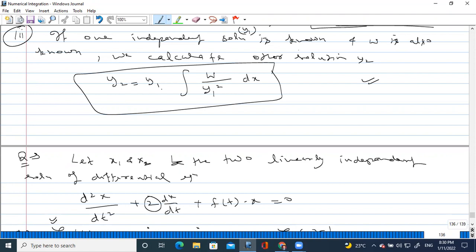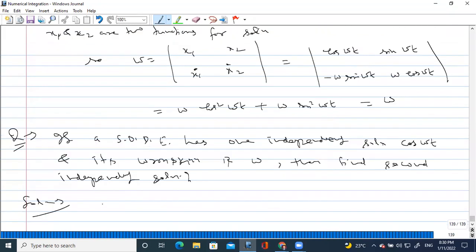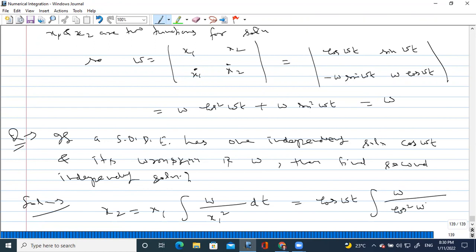It will become x2 equal to x1 integral of W divided by x1 square dt. So now put it: x1 is cos omega t, W is omega only, divided by cos square omega t dt.